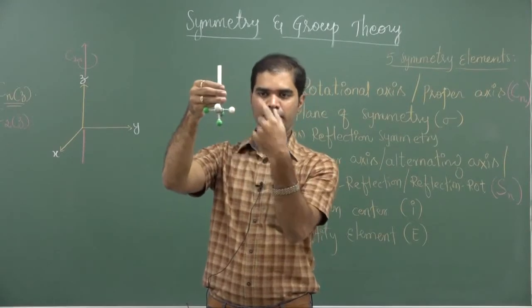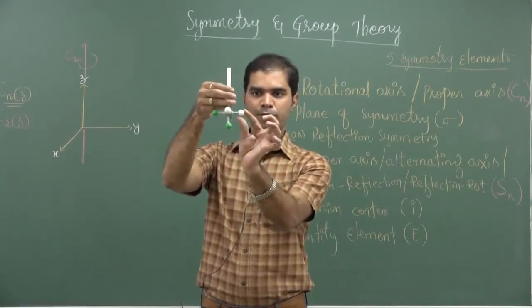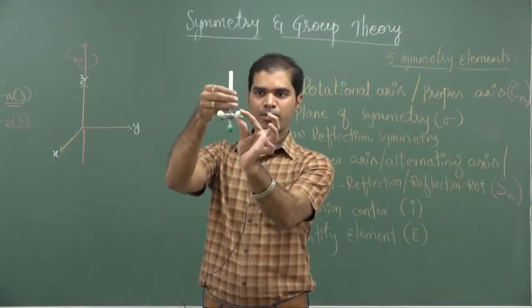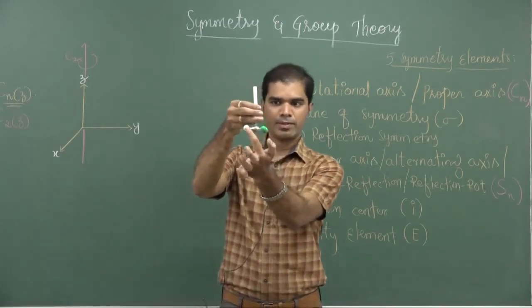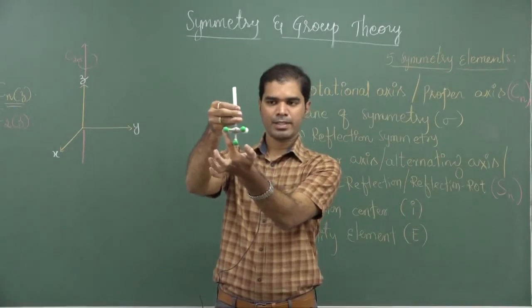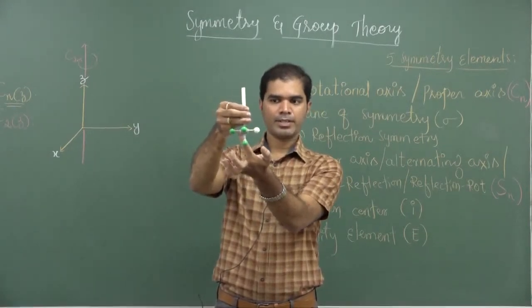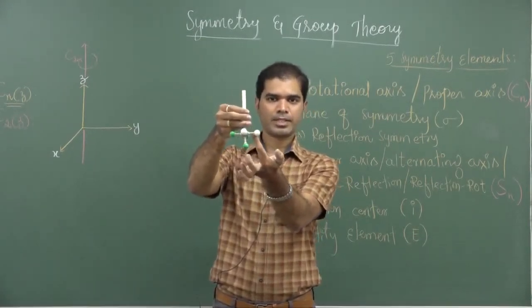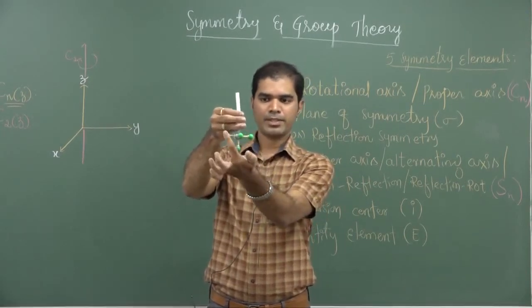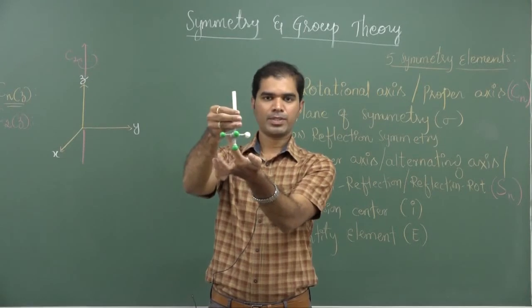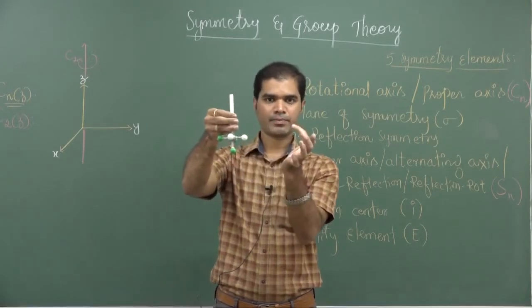If this is my reference and I start to rotate, this is a 90 degree rotation, 180 degree rotation, 270, 360. I am just repeating it: 90 degree rotation, 180, 270 and 360.